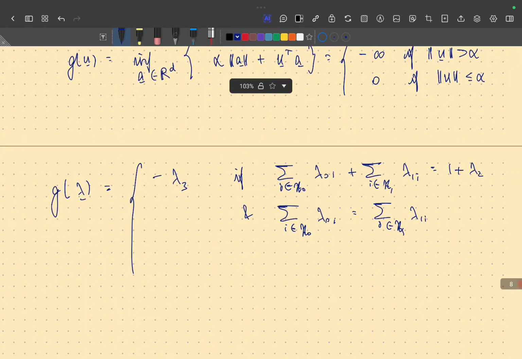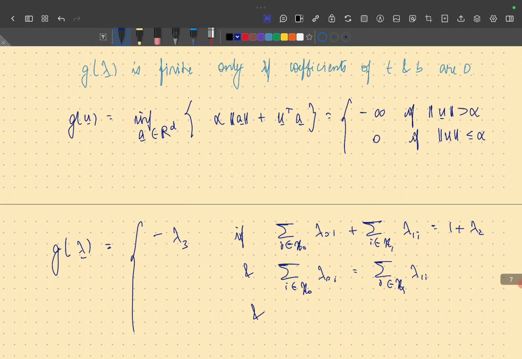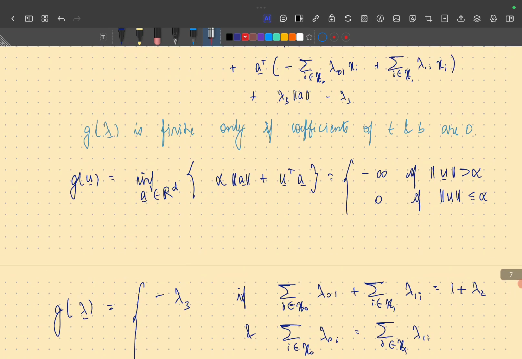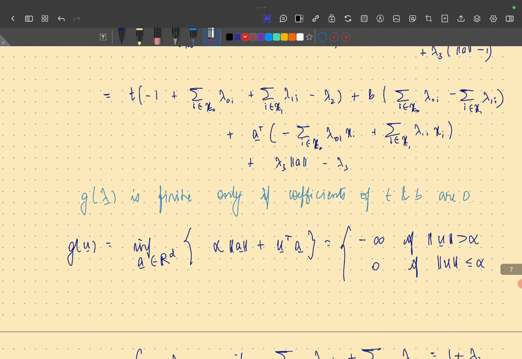Let's look at this particular quantity. It should be the case that the norm of this quantity is less than or equal to lambda 3.